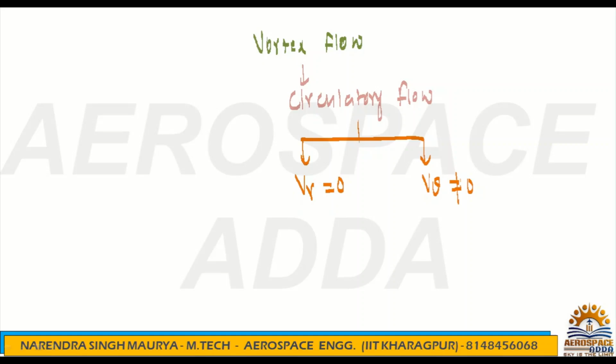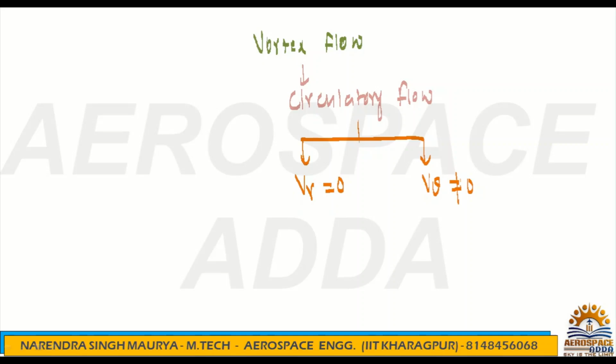Just opposite to the source, just opposite to the radial flow. In radial flow we have radial velocity but the tangential velocity was 0. But here for the vortex flow, also called circulatory flow, all streamlines are concentric circles, so there will only be a tangential velocity.